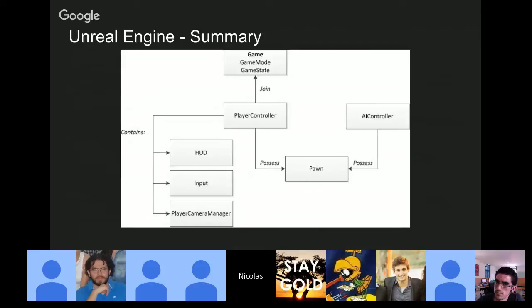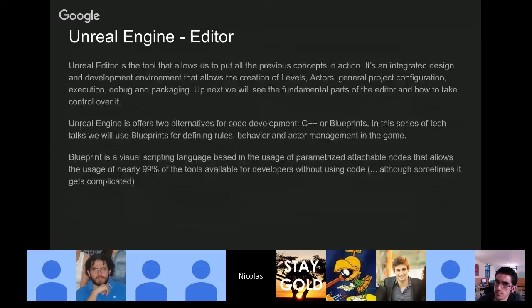That's what the player will see. The player controller also possesses a pawn, which the pawn is, let's say, the character in our game. And then the AI controller also possesses a pawn. So that's basically it. So this is a really rough summary.